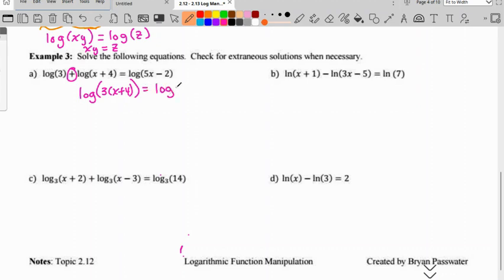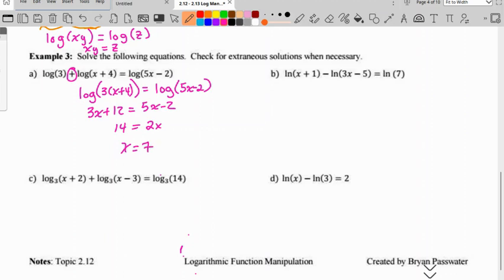I'll go ahead and write it not distributed in this first step. And now what must be true? Right, the arguments must be equal. So now I will go ahead and distribute that. 3x plus 12 equals 5x minus 2, and then we'll just finish solving that. So that's going to give me 2x equals 14, so x equals 7.